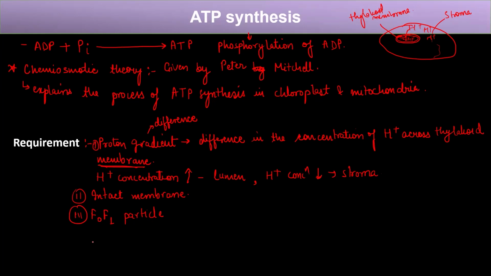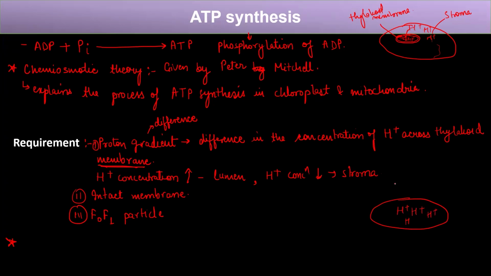Now, what actually happens during the ATP synthesis? If someone asks in one line, you can say that during ATP synthesis, this proton gradient that is created, that is increased concentration of proton in the lumen and decreased concentration in the stroma, from this high concentration in the lumen, the F0 F1 particle starts pumping the proton outside, into the stroma. Okay. So here is your thylakoid membrane. Here are a lot of H plus ions.